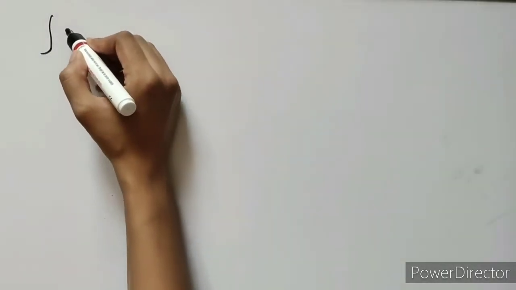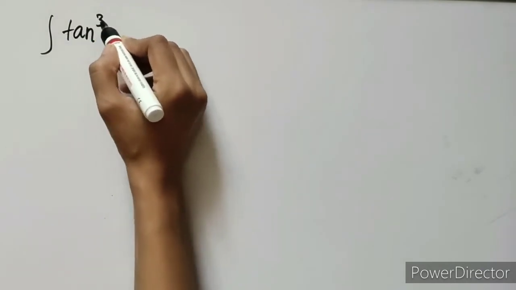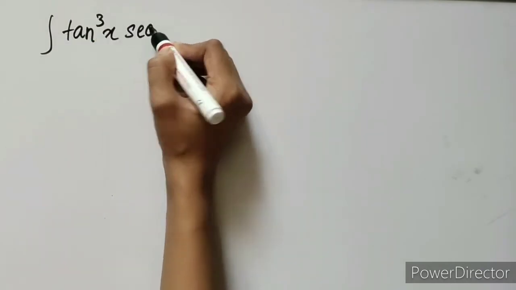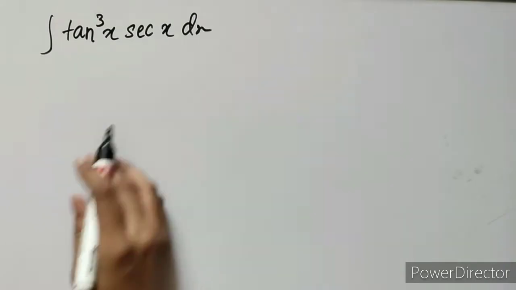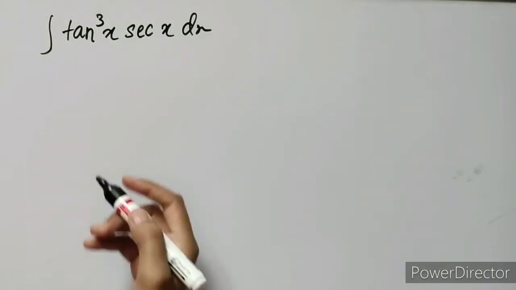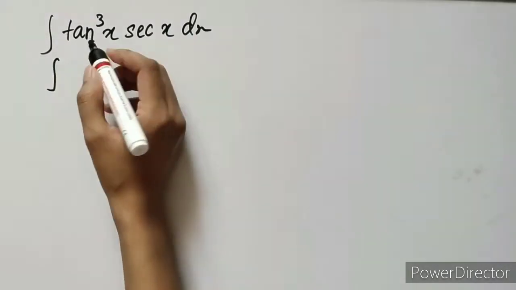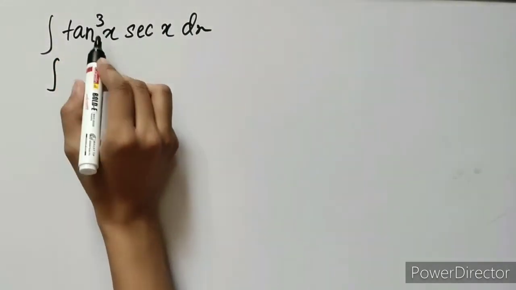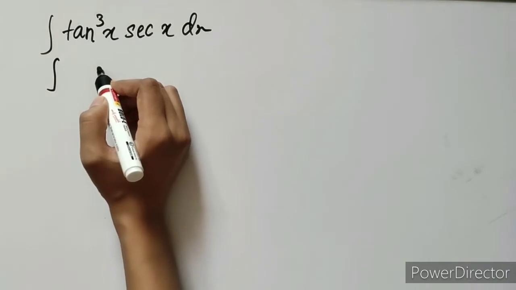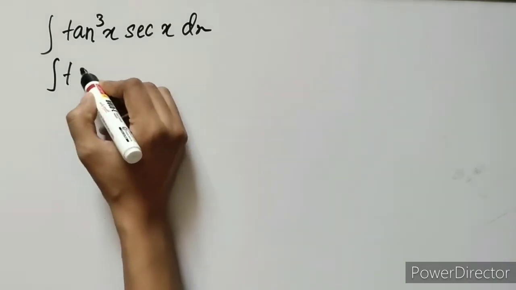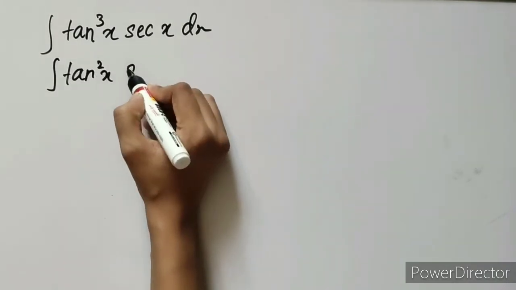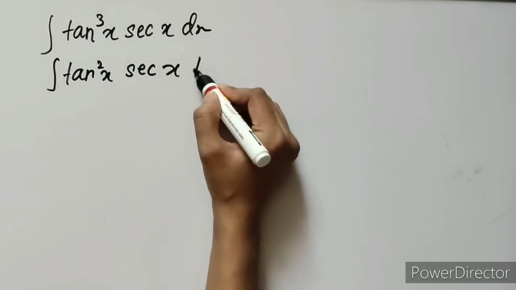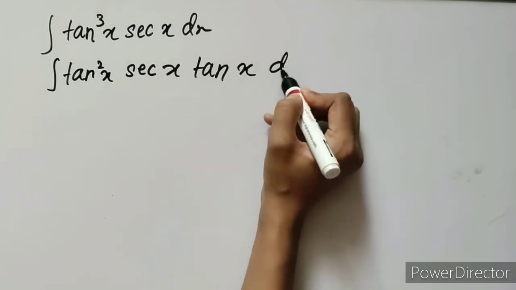Let us see another example, that is integration of tan cube x secant x dx. First of all I am splitting this tan cube x into tan square x and tan x, then it will be tan square x secant x tan x dx.